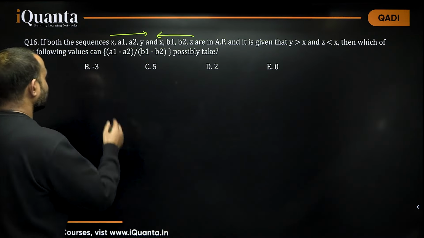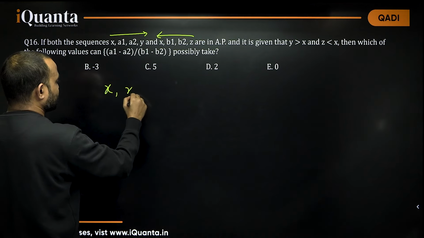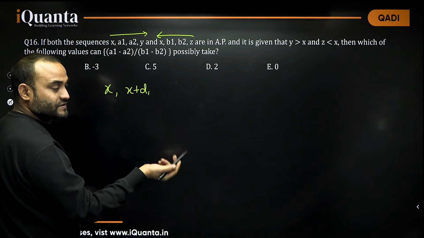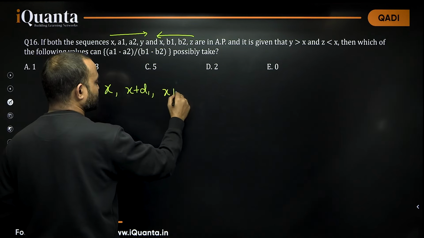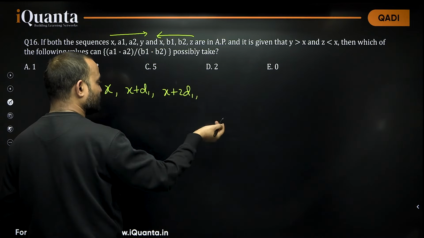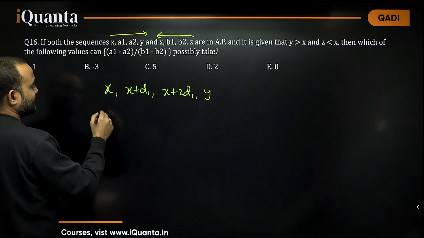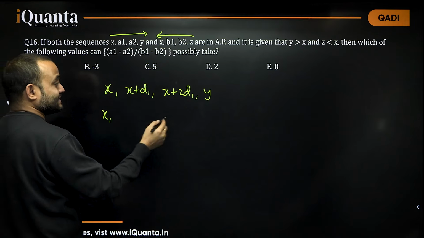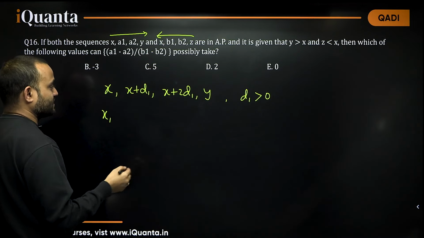So what we can say, in this case x increasing, so x plus, let's say the common difference is d1, so x plus d1 will be a1, and x plus 2d1 will be a2 and y, and in the second case it will be x and decreasing, here d1 is greater than 0, the positive difference, right?